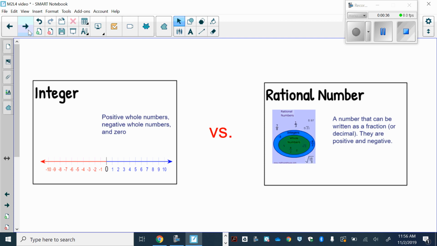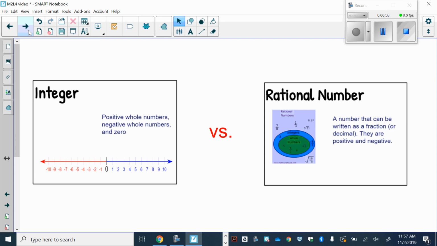So we've been talking about integers, the positive whole numbers, the negative whole numbers, and zero. The title of this lesson talks about integers and rational numbers. So remember I said the decimals, positive and negative decimals, and the positive and negative fractions are not integers?